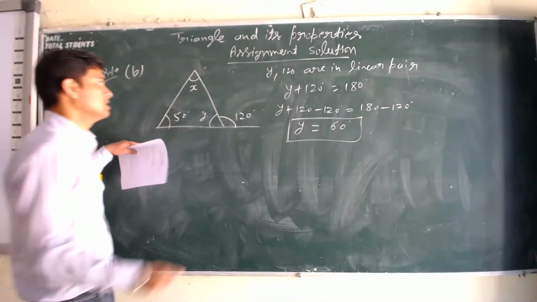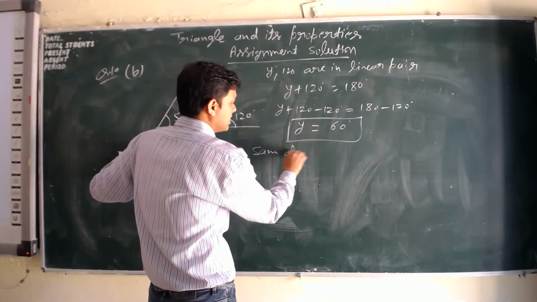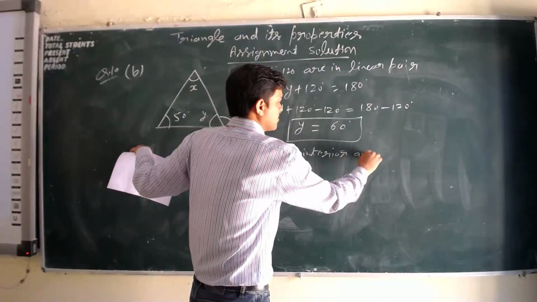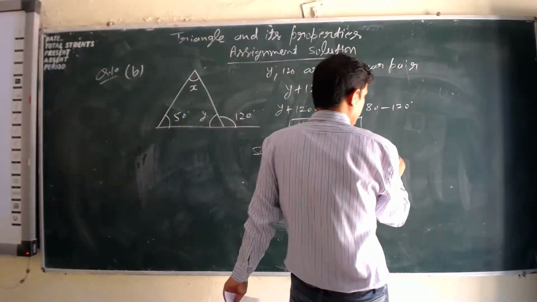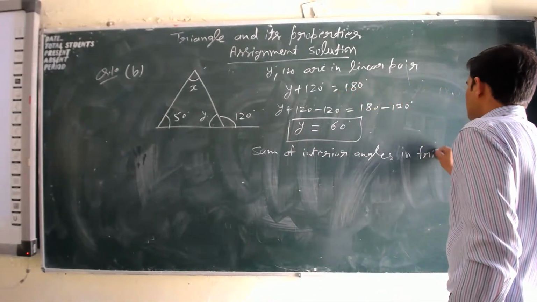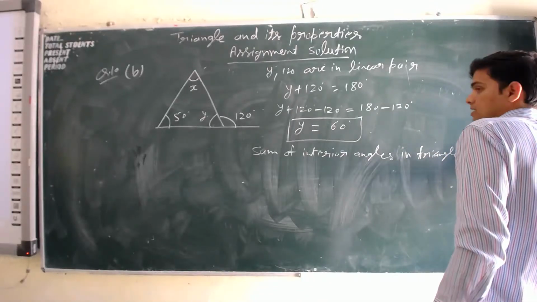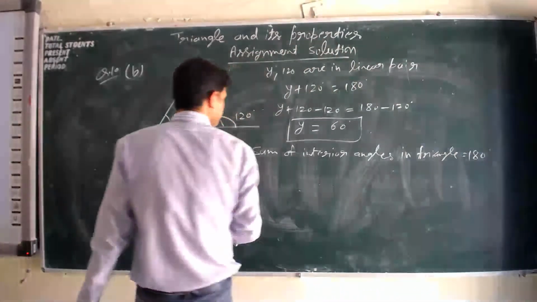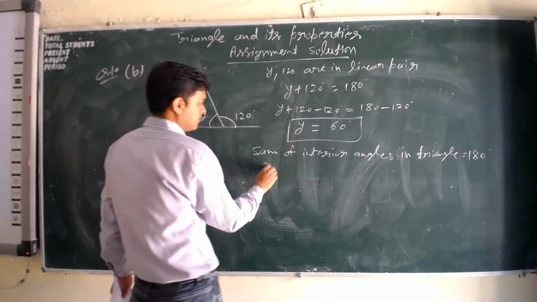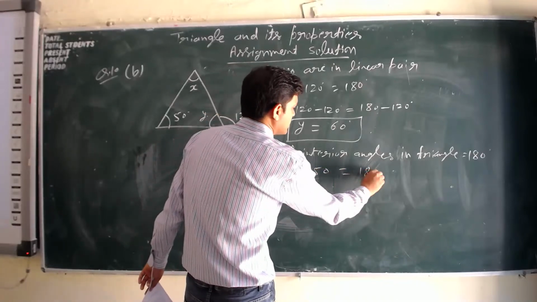Now we can apply the sum of interior angles in a triangle, which is always equal to 180 degree. That means x plus y plus 50 is equal to 180.